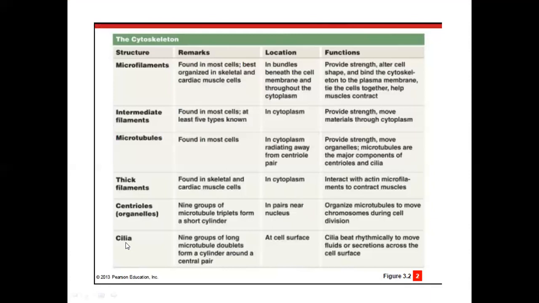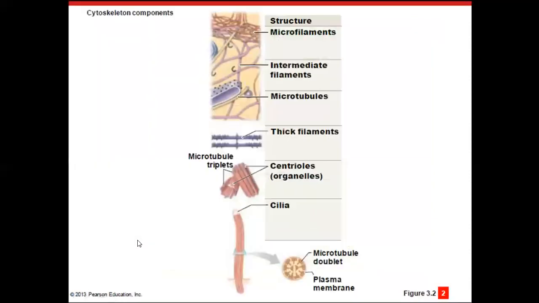And then cilia are little projections off of the cell surface, the cell membrane. So they're actually embedded in the cell membrane, and they rhythmically beat to move fluids or secretions across the cell surface. So these are specific examples of cytoskeleton. And there's a figure showing the specific examples.